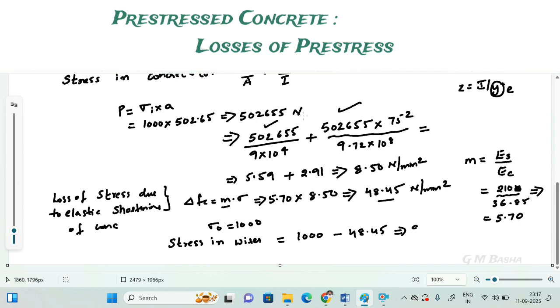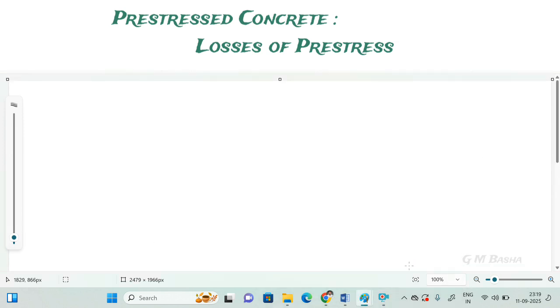That is 951.55 Newton per mm square. So this is the stress in the wires after elastic shortening of concrete happens. Okay. So after obtaining stress in the wires, again calculate actual stress in concrete at the level of steel after obtaining this elastic shortening of concrete loss. Okay, that is actual stress.